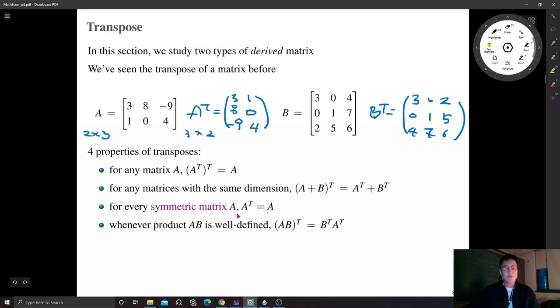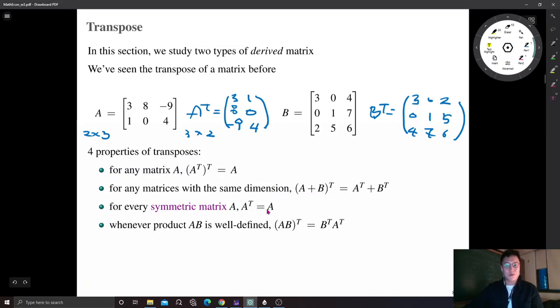And the third property: for every symmetric matrix A, A transpose is the same as A. So the transpose operation does not change the outcome in the case of a symmetric matrix, a certain class of matrices.